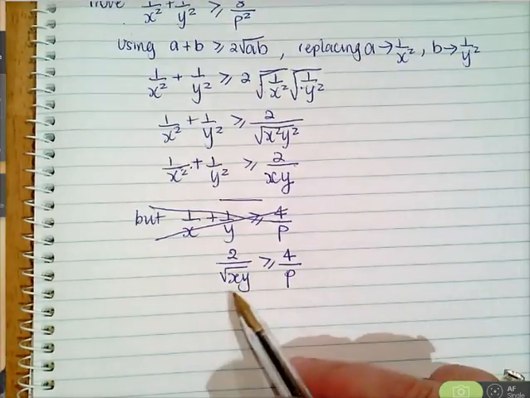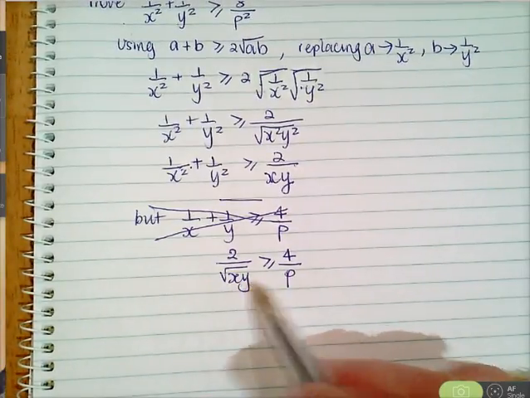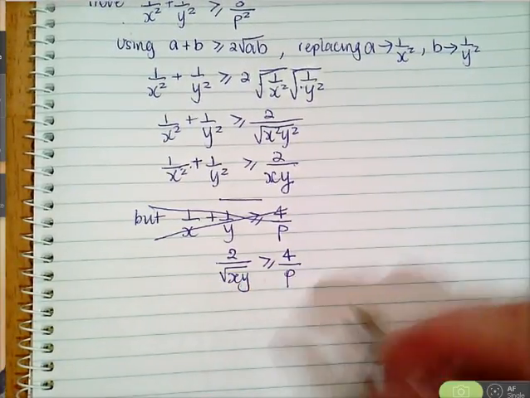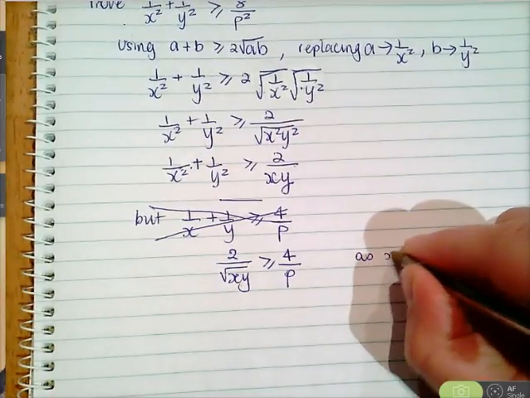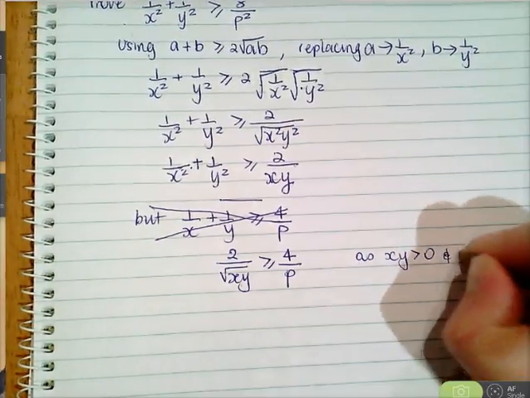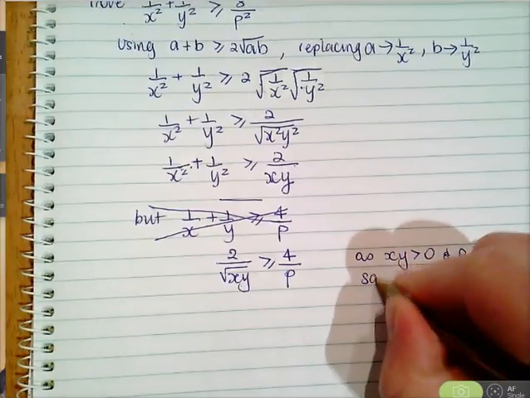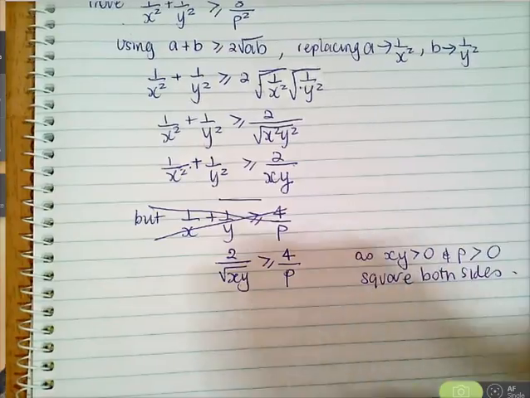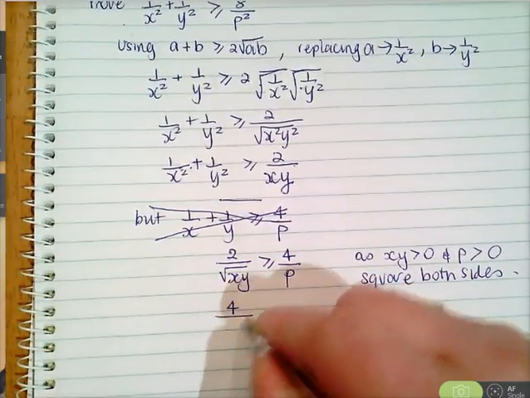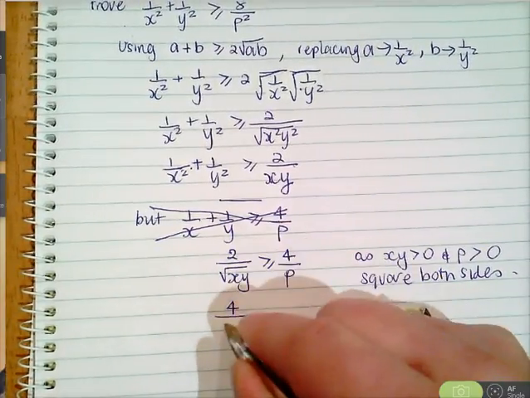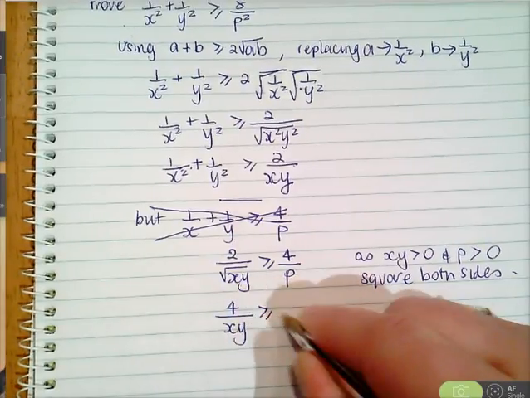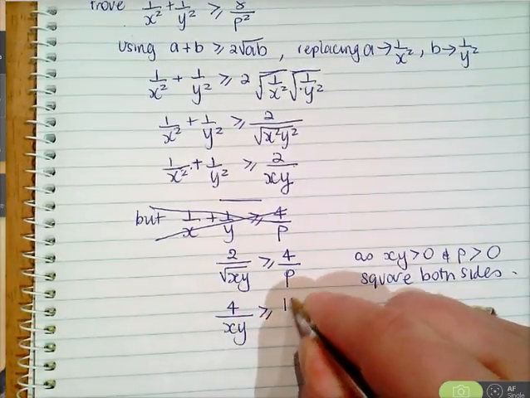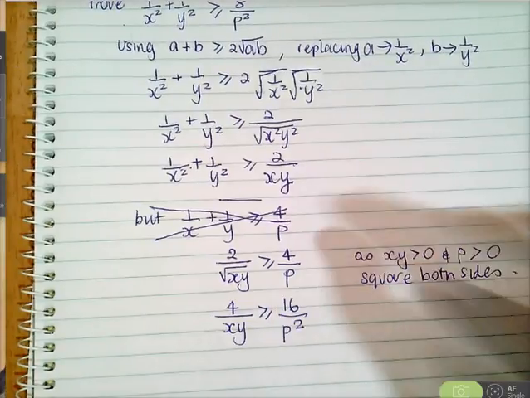And because we know that x and y are positive and that p is x plus y and it's also positive, so as xy is greater than 0 and p is greater than 0, we can square both sides. Okay, and we would get that 4 over xy is greater than or equal to 16 over p squared.